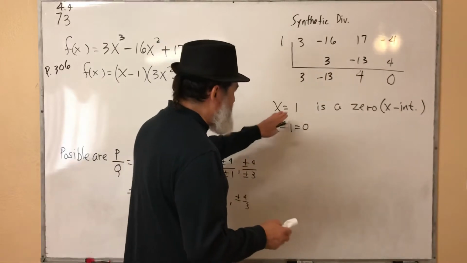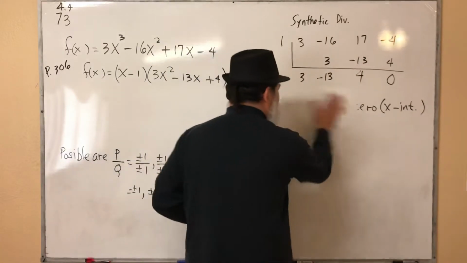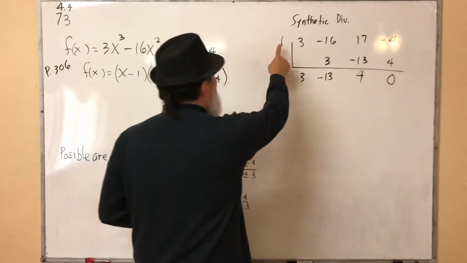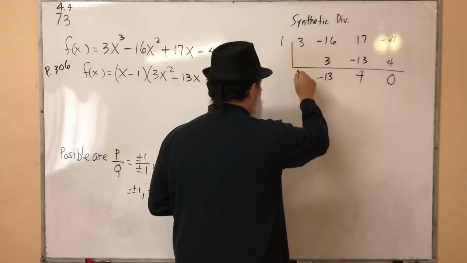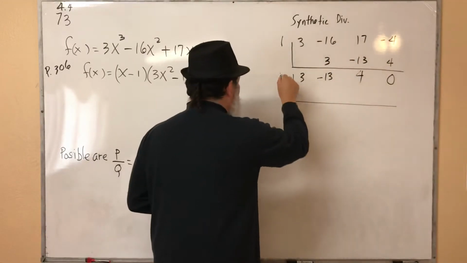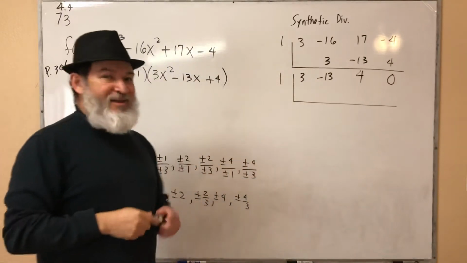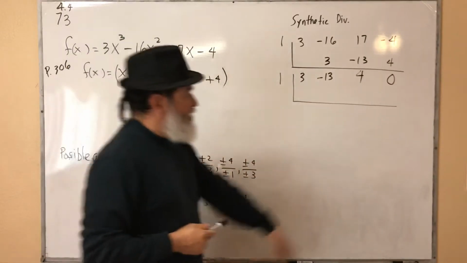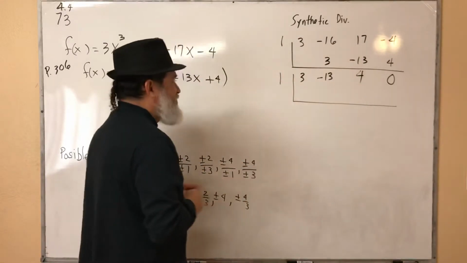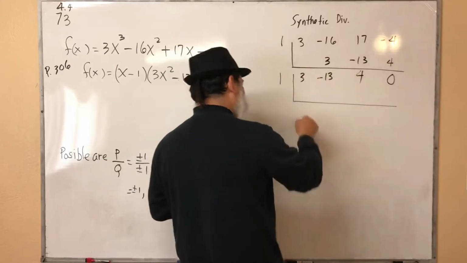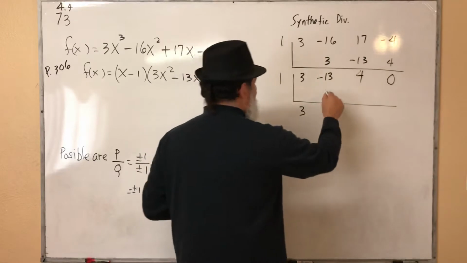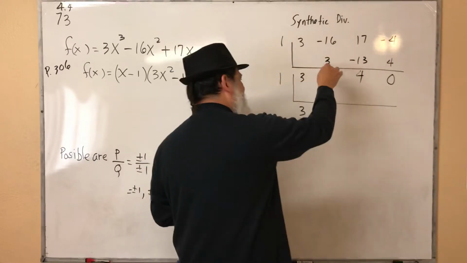Okay, so this is a zero. So let's do it again. Let's see if 1 is a zero. If it is a zero, we're going to get 0 there as the remainder. So what's the first step? Bring down. Multiply. Add.